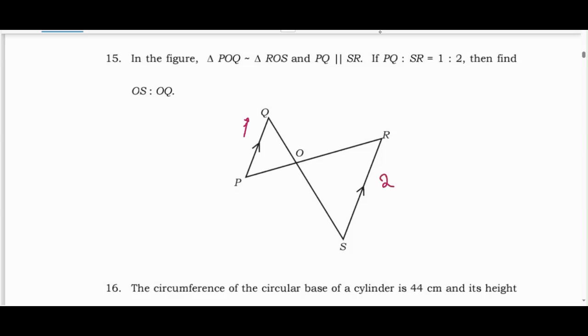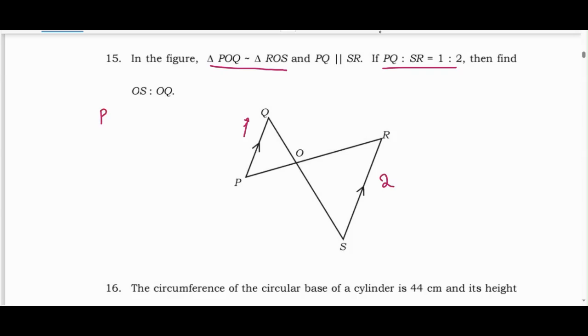Based on this similar triangle property, they have given triangle POQ is similar to triangle ROS, and PQ ratio SR is 1 is to 2.